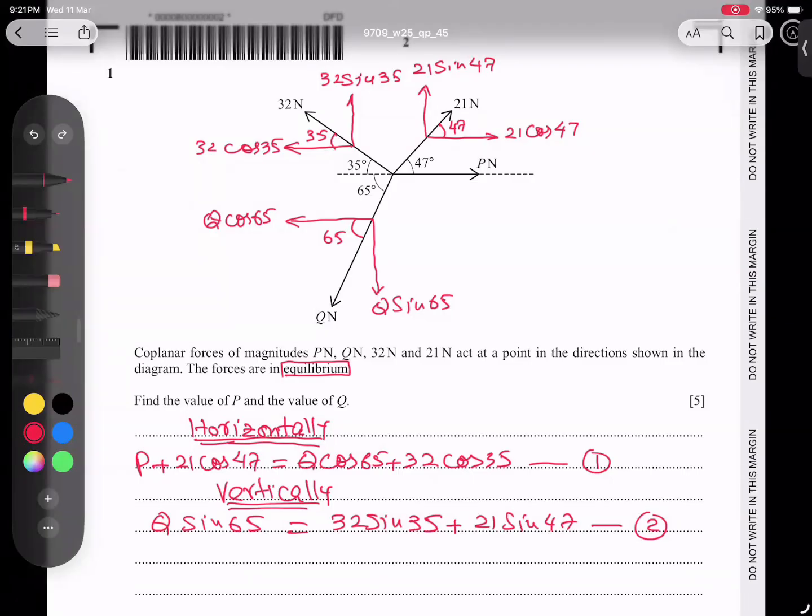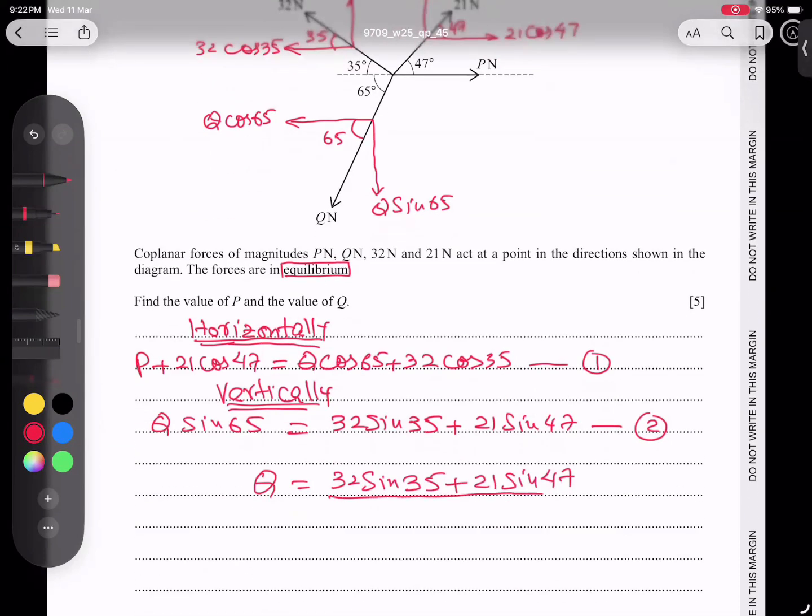Let me check in the calculator to get the Q value. After dividing, Q becomes 32 sin 35 plus 21 sin 47 divided by sin 65, and the answer I'm getting is 37.198 newtons.